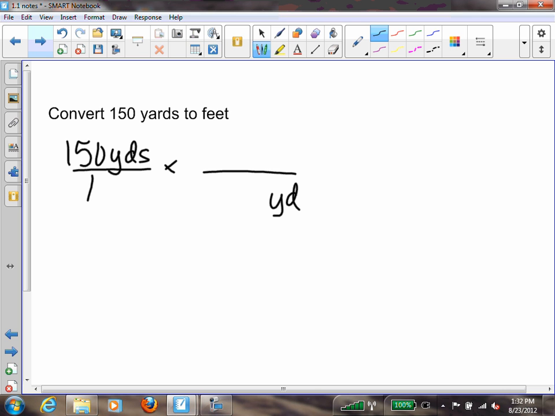Agreed? Can I go directly from yards to feet? Do I know what that conversion is? So then let's put our feet up here, since we can go from yards to feet. And what is that conversion? There are 3 feet in 1 yard. So where does the 3 go? Does it go in the denominator or the numerator? Numerator, because it's 3 feet, right? They're connected. So 3 feet for every 1 yard. Your yards are going to cancel because they're in a numerator and a denominator.